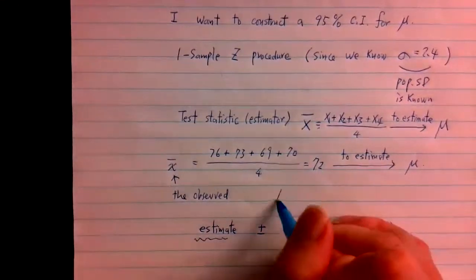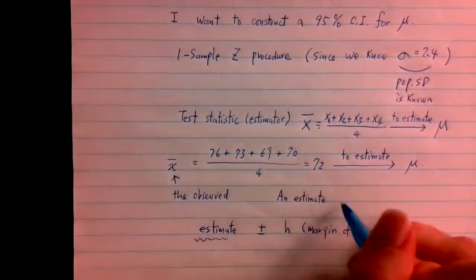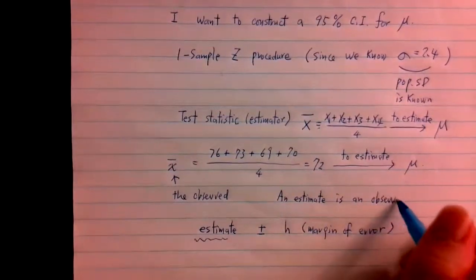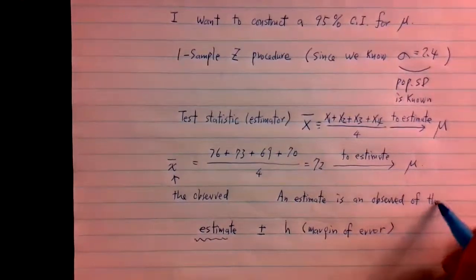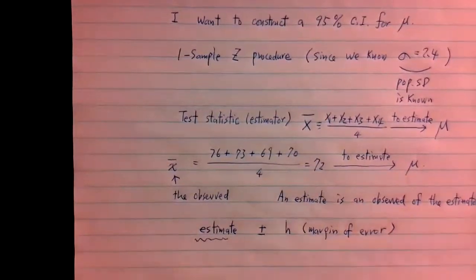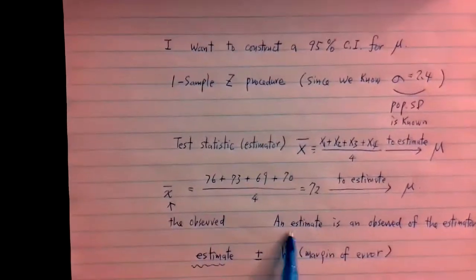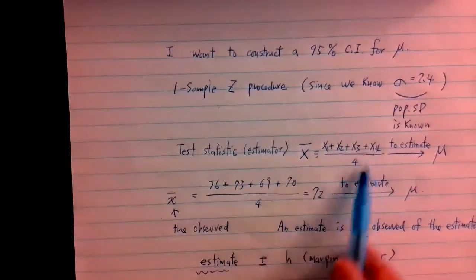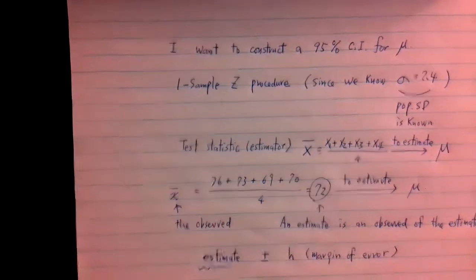An estimate is an observed value of the estimator. In our case, our estimator is the sample mean, and the observed value of the sample mean is 72. So this 72 is an estimate, okay?